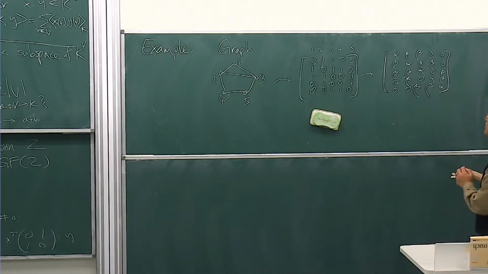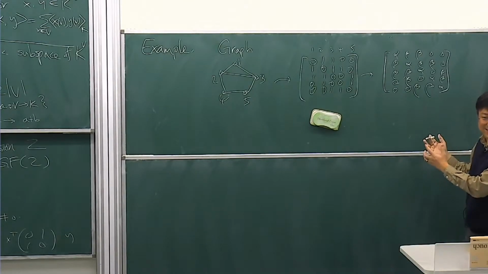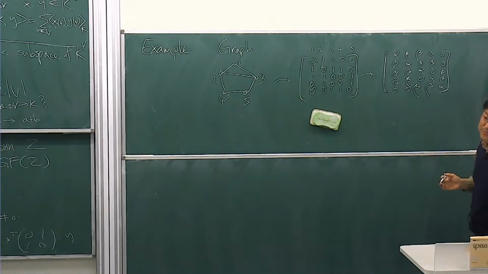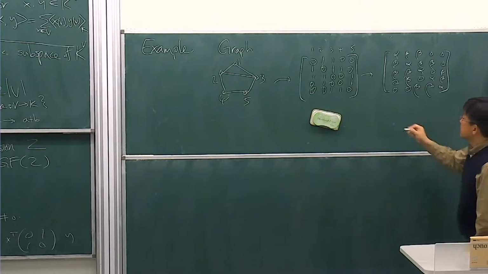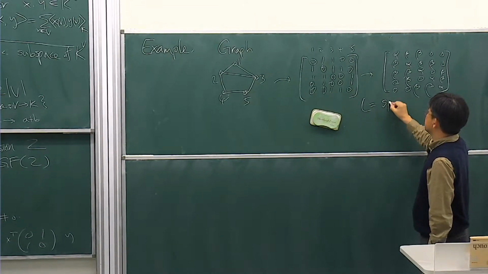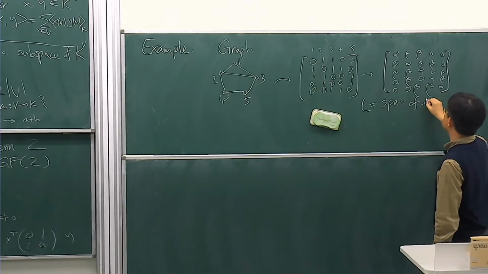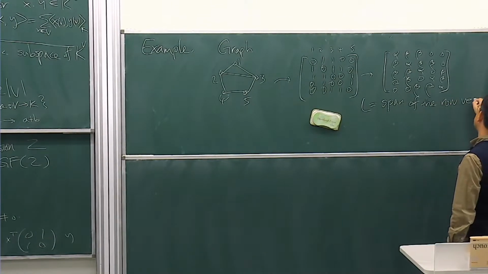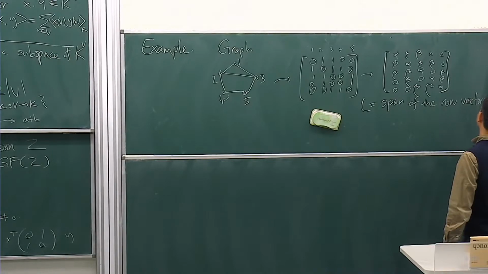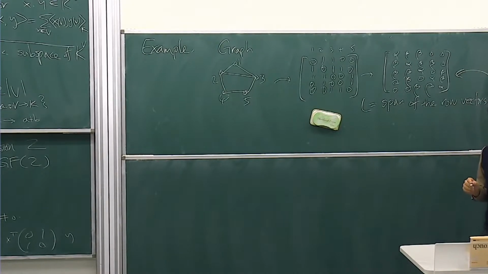Okay. So this is a matrix consisting of entries from K. And now I take L to be the span of the row vectors. All right. Now I claim that this is totally isotropic.